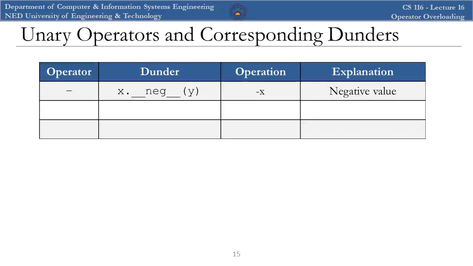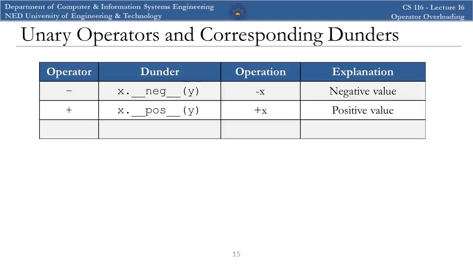The operators that we saw on the previous slides were all binary operators. By binary operator, I mean that each of them required two operands, right? If you are adding two values, x plus y, x and y are the two operands. If you are comparing two values, you require two operands. So those were called binary operators, and minus x is a unary operator.